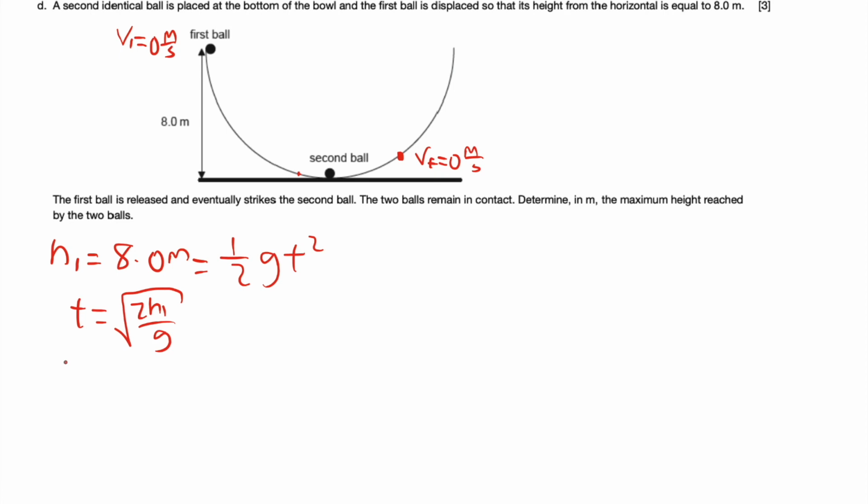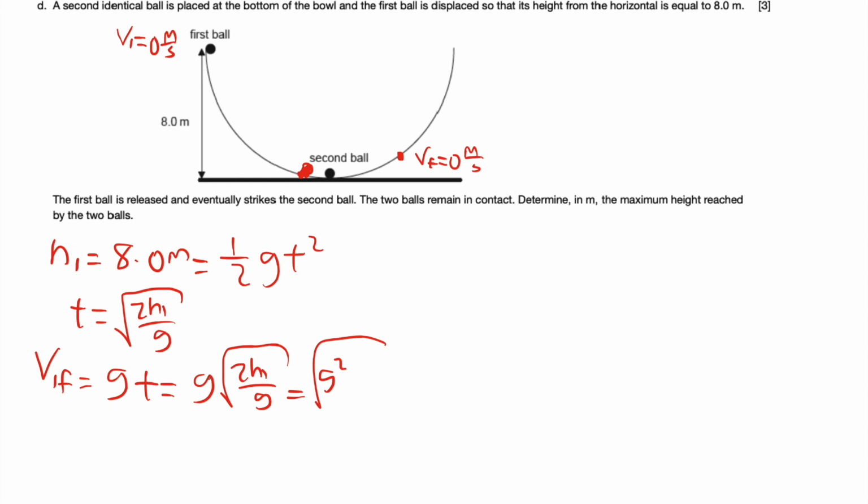And we want to find the final velocity before the two balls are in contact. So v sub 1f is equal to acceleration times time, which is g times the square root of 2h1 over g.